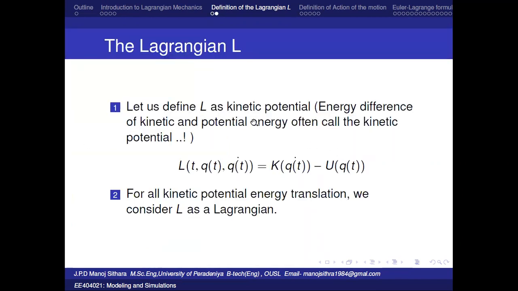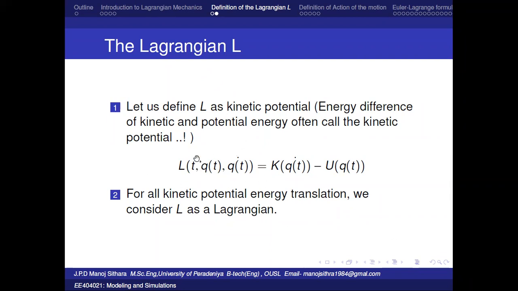Let us define the kinetic potential, that means the energy difference of kinetic and potential energy, often called the kinetic potential. That means the Lagrangian is nothing but a kind of kinetic potential.